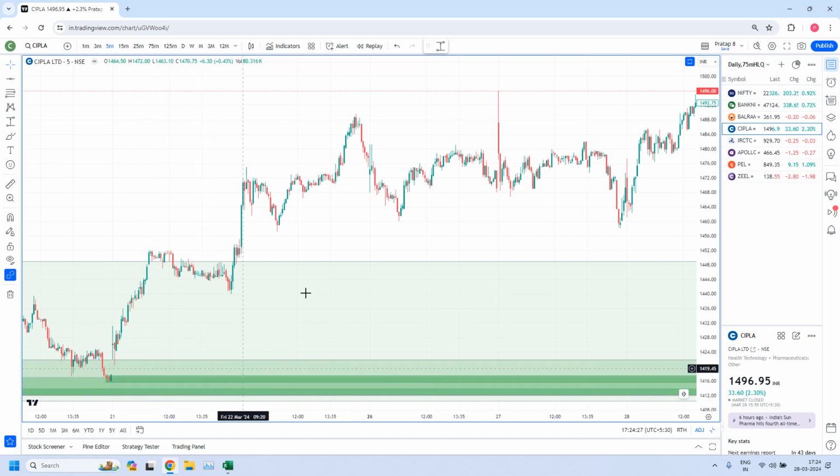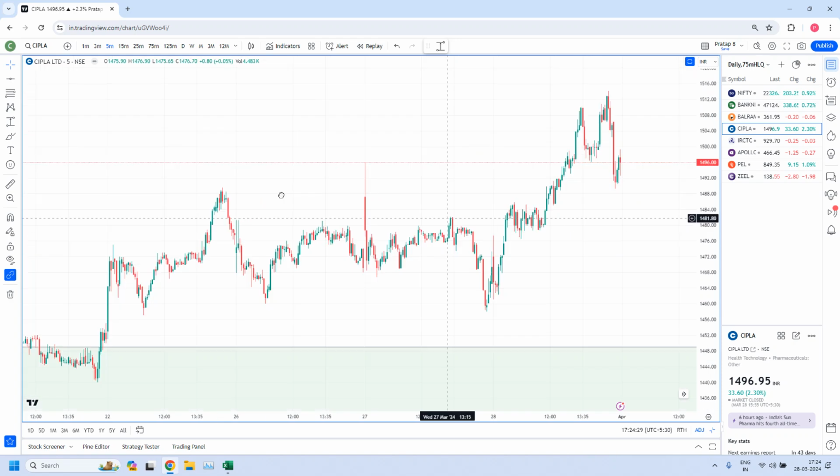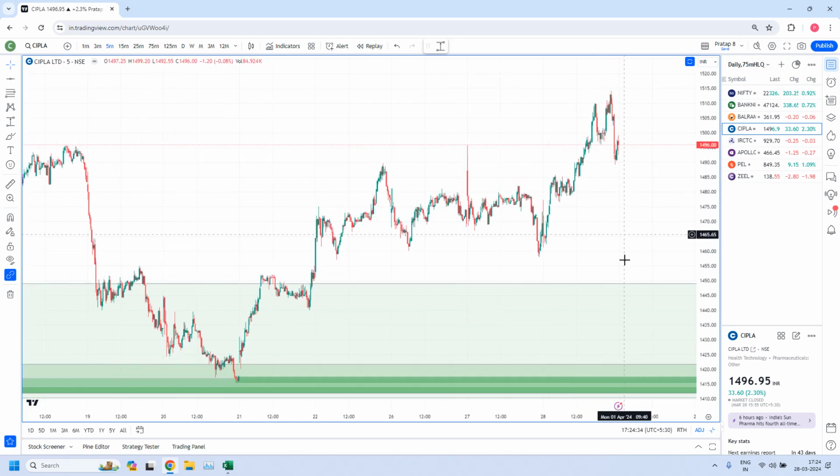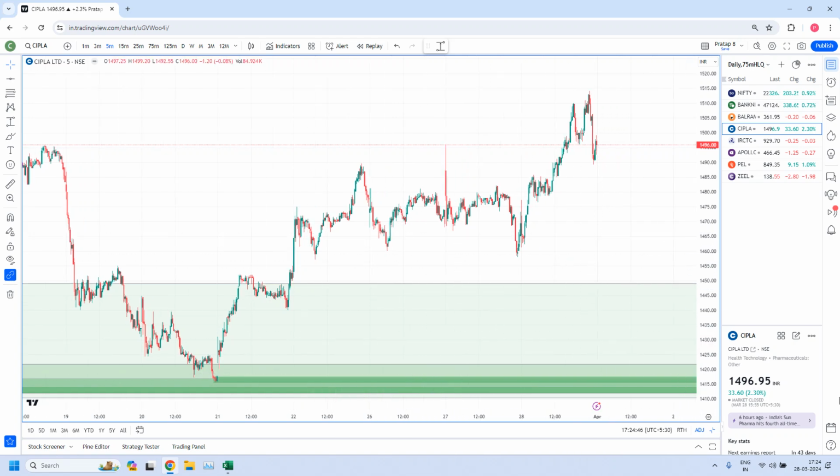This 75 minutes is inside the daily area. This is our fine-tuned technique. But today prices did not enter this zone. We didn't get a trade. Maybe next time prices will enter this zone. At that time this analysis will be helpful to you to plan your trades.